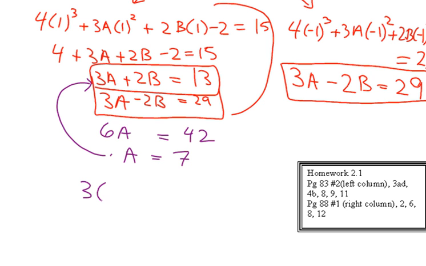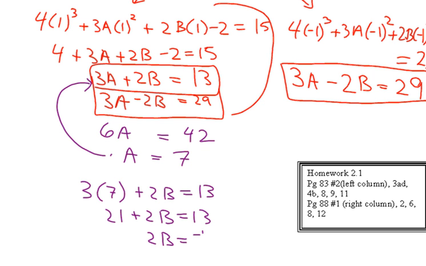All right, so 3 times 7 plus 2b equals 13. 21 plus 2b equals 13. 2b equals negative 8. It's a really sloppy 8. Whoever's listening online, I apologize for that 8. Okay, so b equals negative 4.